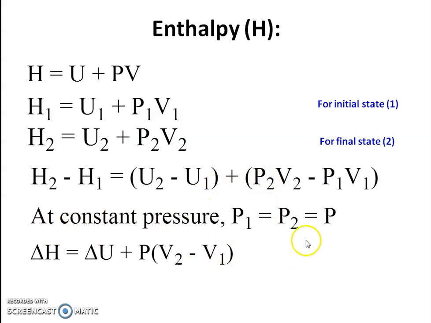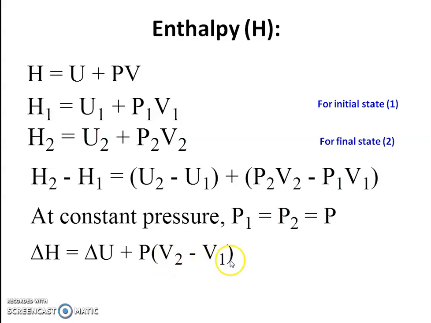Now at constant pressure, the initial and final pressure will be the same, that is P1 is equal to P2, that is equal to P. If P1 and P2 are the same, then this becomes a common term, and therefore we get delta H is equal to delta U plus P into V2 minus V1.